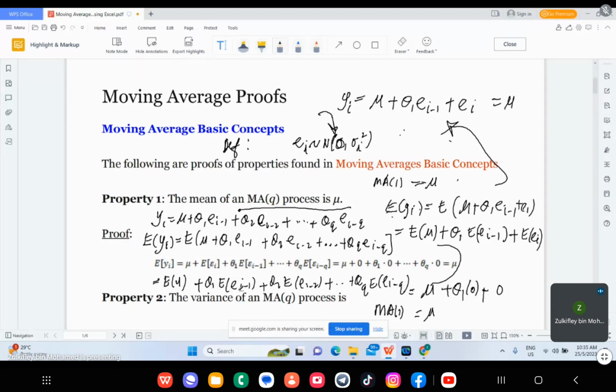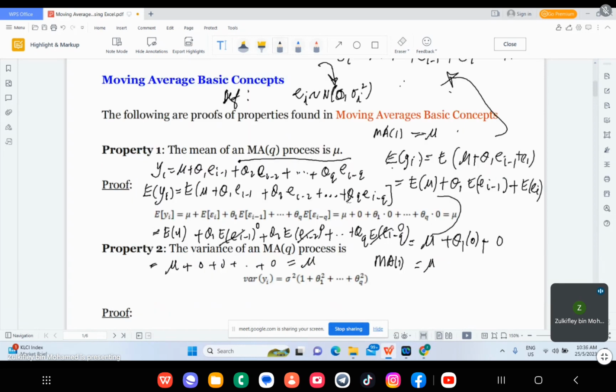We know the expectation of epsilon I, whether I minus 1 or I minus 2, all of these are equal to 0. The expectation of a constant is mu. So it becomes plus 0, plus 0, plus dot, plus 0. That's why the answer is equal to mu. This is how we prove the mean of MAQ is equal to mu.